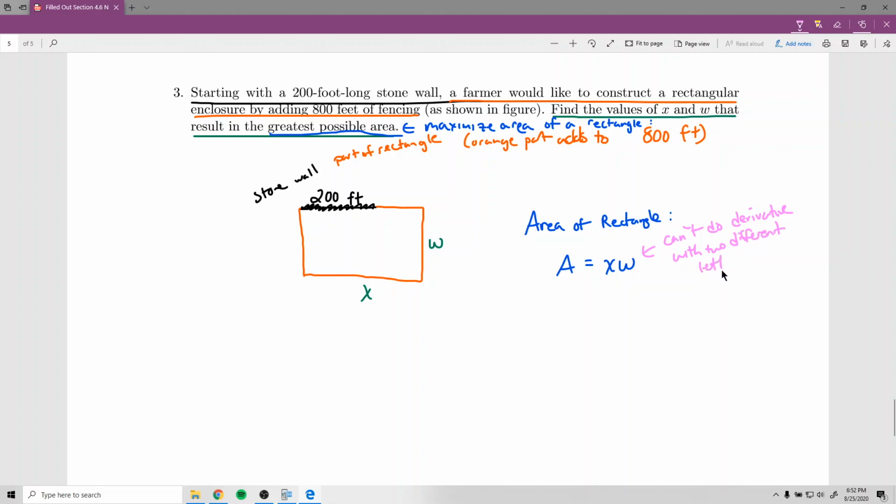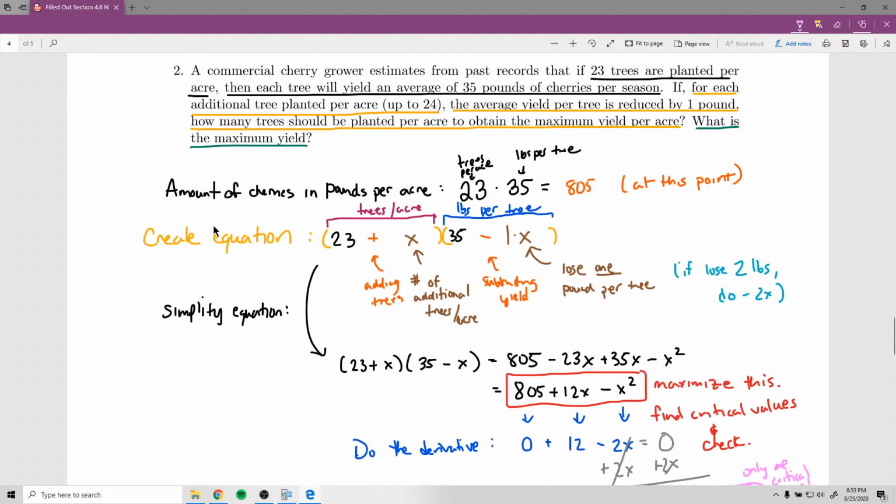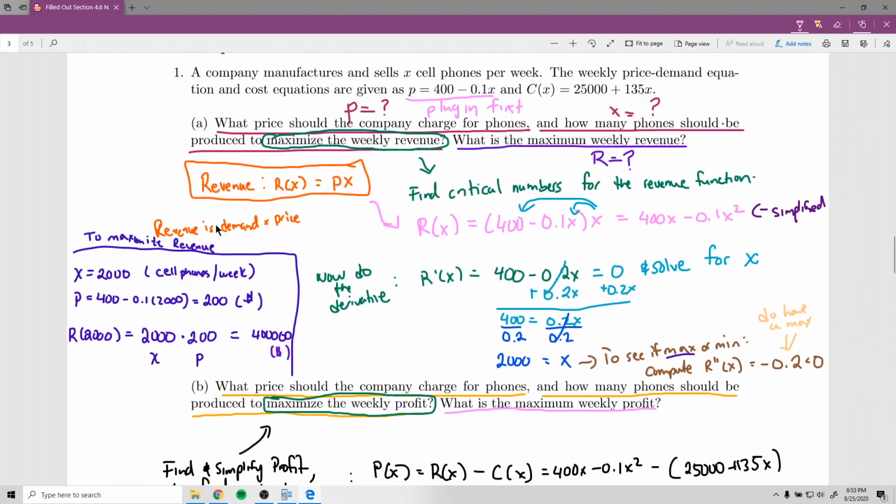Okay, so how do we fix this? How do we actually figure out this question? If we don't know how to find the derivative with two different letters, well, what we're going to do is kind of depart from number one, even though this is a totally different problem. I'm going to scroll up because we did run into that problem before.